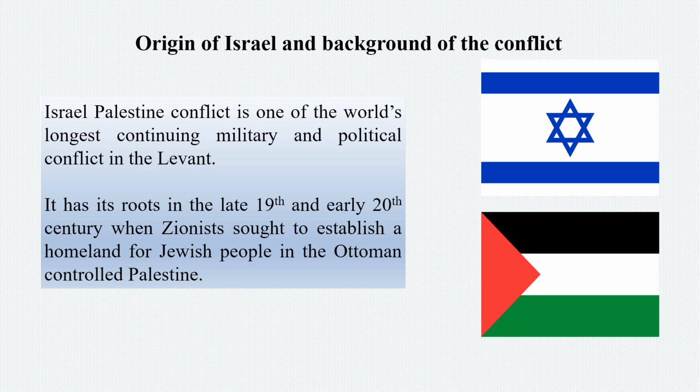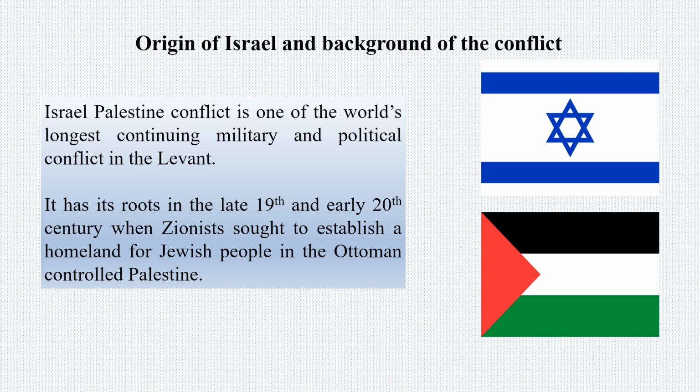Palestinian Arabs, however, opposed this move. Between the 1920s and 40s, the number of Jews arriving there grew. Many were fleeing persecution in Europe, especially the Nazi Holocaust in World War II.